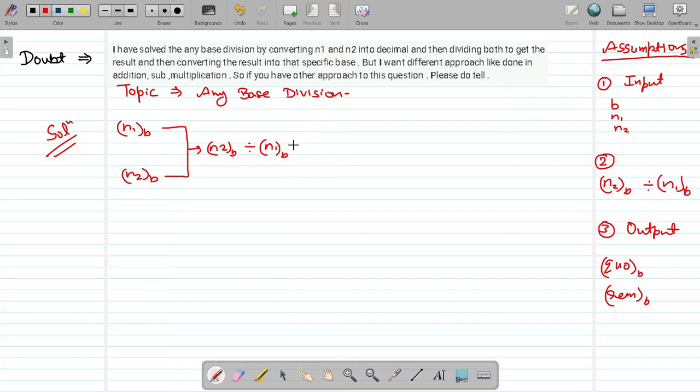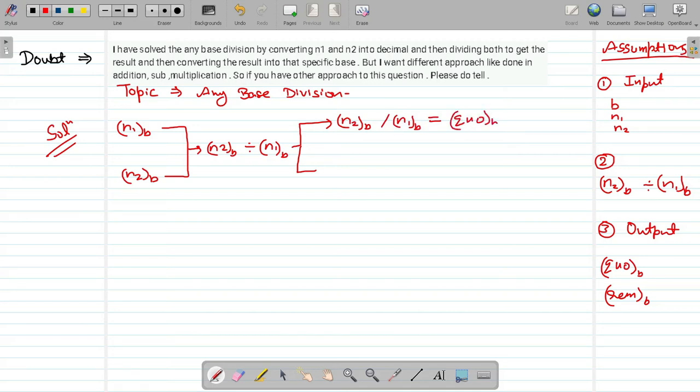Okay, and we know that we are having two outputs, so we will do this division in two parts. First part is n2 of base b divided by n1 of base b. We know that slash, or this division operator, gives us the quotient.